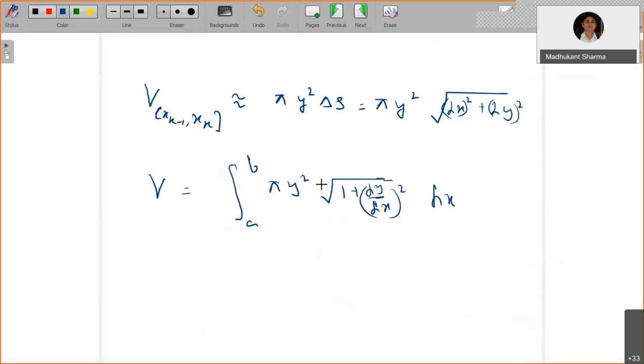Here you are taking y as a function of x, revolving about the x-axis. If you take x equals f of y and the solid is revolving about the y-axis, the scene will change: pi x square times square root of dx square plus dy square, and so on.